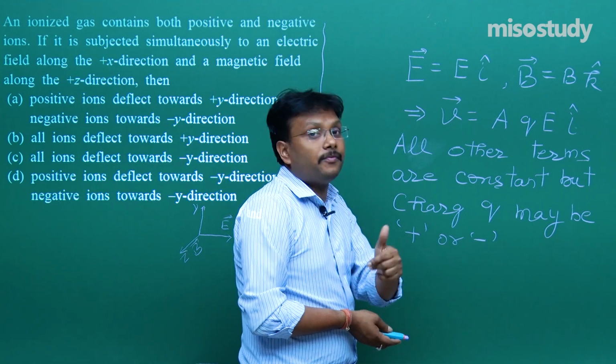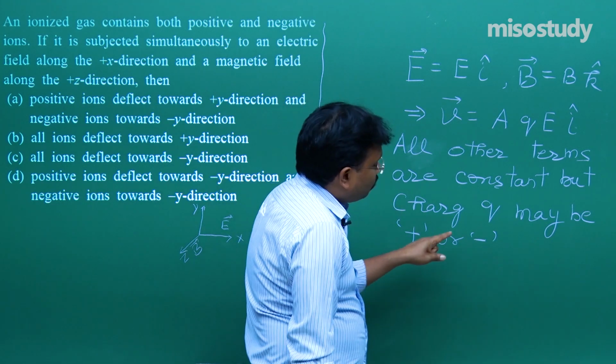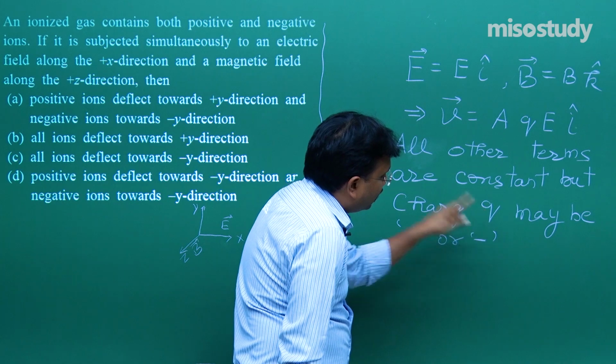These are the two possibilities which are given in the problem. So, now we have to decide accordingly.